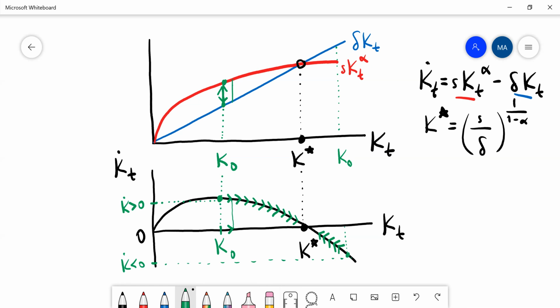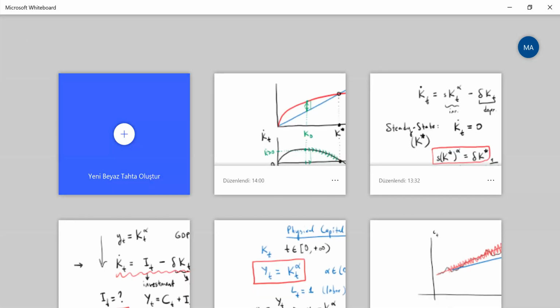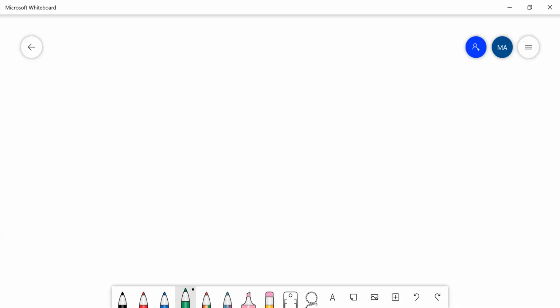Now, we can understand this very same phenomenon using another graph. Okay? Now, remember the instantaneous growth rate of capital stock will be defined by this ratio, right? We discussed that.